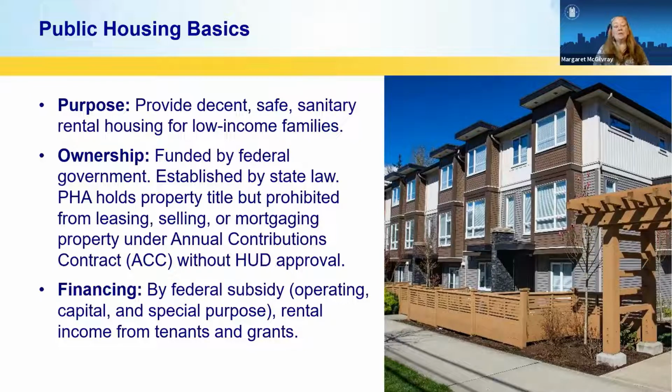The income limits vary from area to area, so you may be eligible at one PHA, but not at another, because it is 80% of the local median income limits. The funding for public housing comes in two general pots, the operating fund and the capital fund, but I'll get into that in a little bit more depth in a few slides.